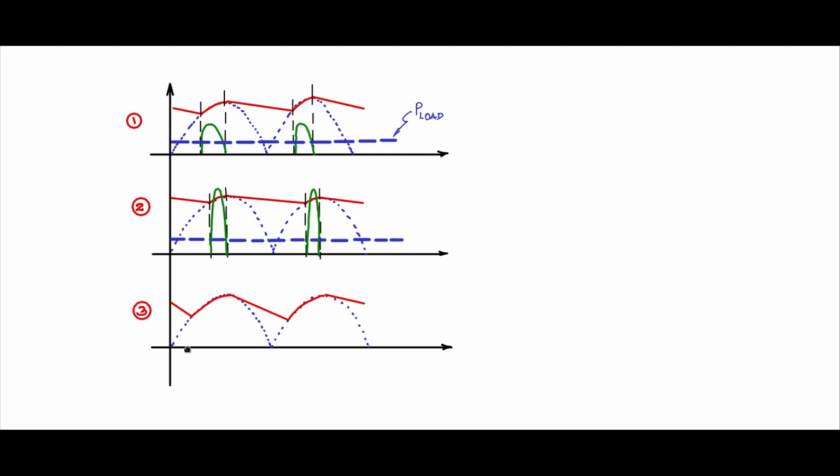Likewise in case 3, you will see that for the same average power, we have increased consciously the current conduction time, and the current peaks will be much lower. So this is actually the concept that we will be using in passive power factor improvement.